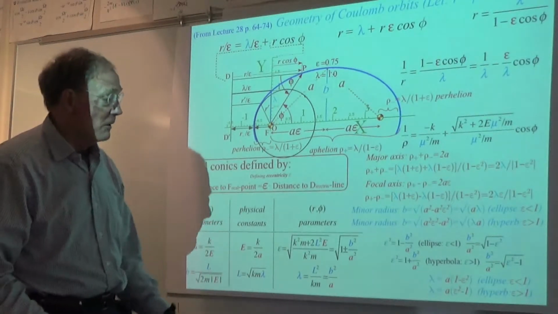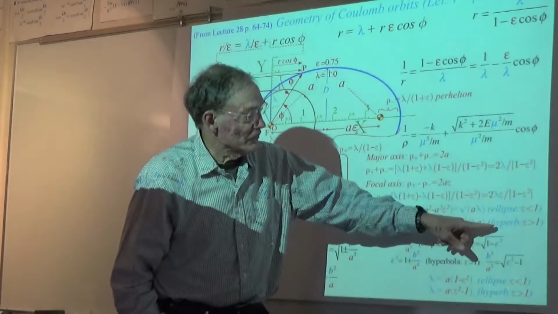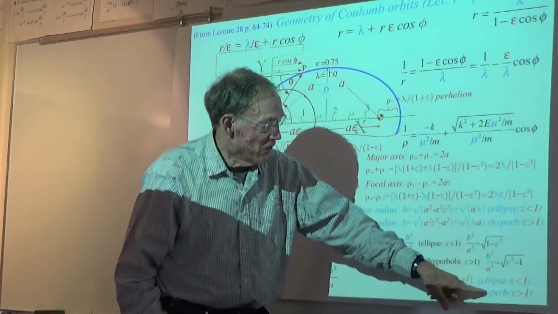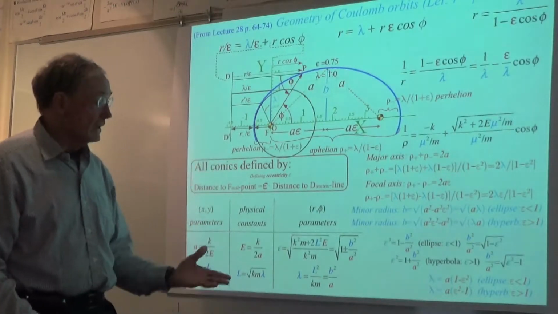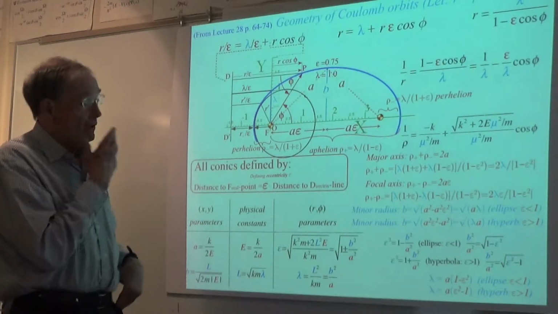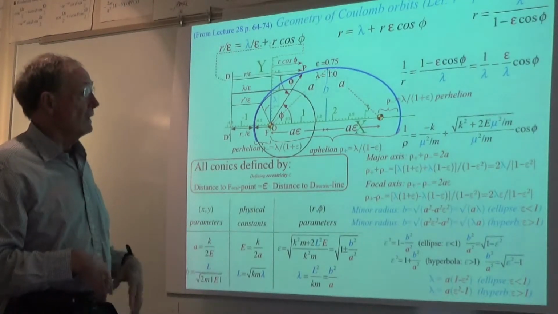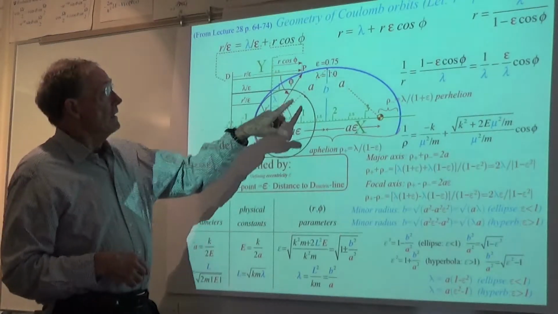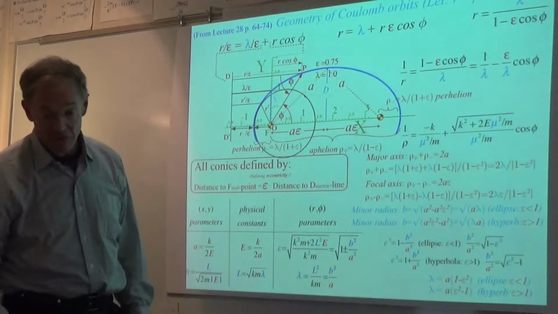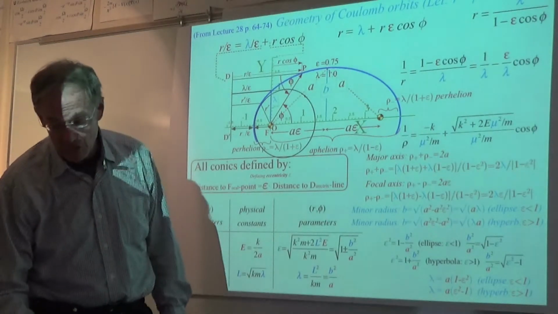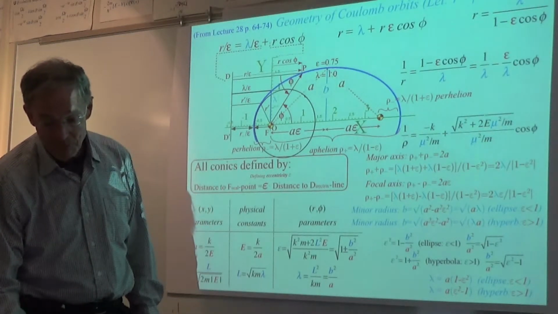That's a big difference that's causing us to have different formulas for some of the quantities here. As epsilon gets bigger than 1, we're in the hyperbola territory. Here epsilon is only 3/4, so you have a pretty nice little egg there, an elliptical curve for that.